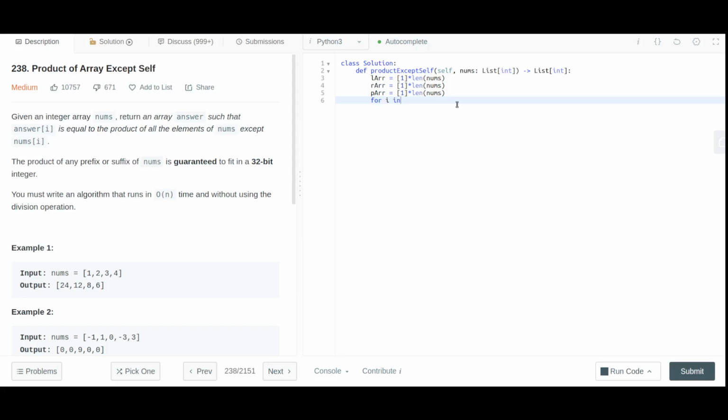So for i in range 1, len(nums), and notice how we're using L array i minus 1, and that is how we can get this algorithm from O(n squared) down to O(n), because we keep track, we save the information of the cumulative product so far, and we use it.